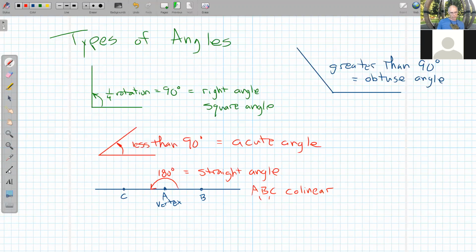Although GeoGebra wasn't letting me do it a minute ago, I could have an angle that's more than 180 degrees. So actually, I didn't do a very good job drawing that. Try that again. I want that right there.